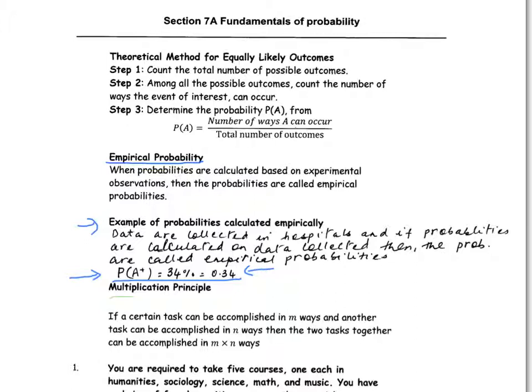Let's look at this. This is an important rule because a lot of counting techniques are based on this particular rule. If a certain task can be accomplished in m ways and another task can be accomplished in n ways, then the two tasks together can be accomplished in m times n ways. This is a basic rule. Let's look at an example of where this can be used.